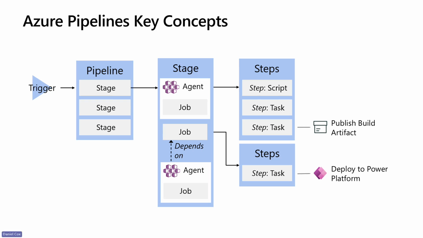Whereas a task is a prepackaged script that performs an action. Think about things like publishing a build artifact or importing a Power Platform solution. Now, you may be asking, what is an artifact? Well, an artifact is a collection of files or packages, and that is what gets published by a run of this pipeline.